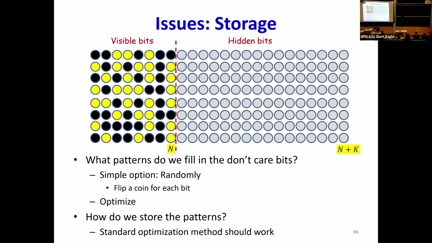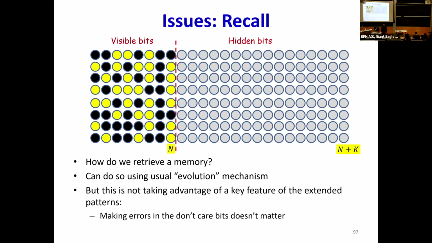And so there's a couple of different options. I can just fill those guys randomly, or I can optimize. And then once again, how do I optimize? Standard optimization methods should work. But then there's also this other question, right? If I'm trying to recall something in memory, how do I recall it?